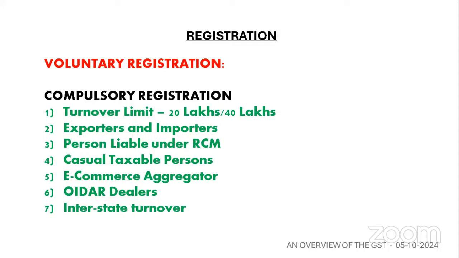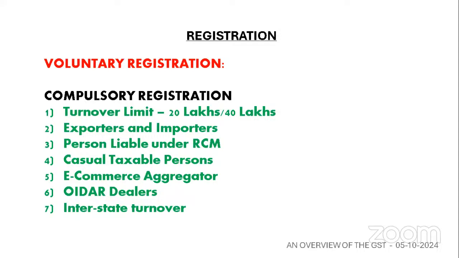Number two, all the exporters and importers of the goods are mandatorily required to be registered under the GST law. Then persons liable under reverse charge mechanism. It's a mechanism where the tax is collected from the buying dealers under the GST law. So all those people who fall under taxation under the RCM method, even though their turnover is less than 20 lakh rupees or 40 lakh rupees as stated above, are liable for compulsory registration.